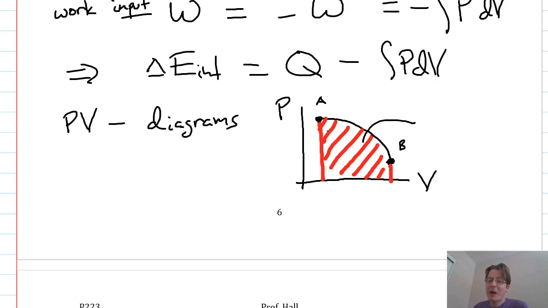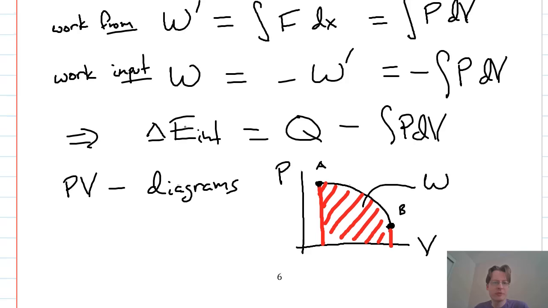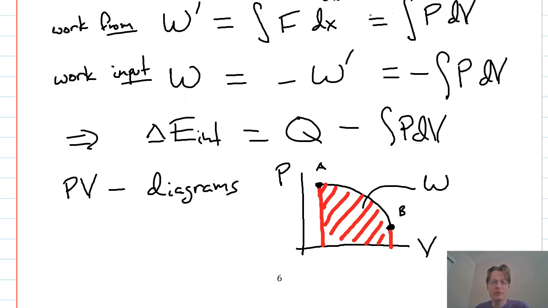The integral of minus PdV, the minus in front of it, gives us the work done on the gas. Remember, there are different signs. Work from the gas, what I call W prime, versus the work input to the gas. Our textbook will always use W, the work input, minus the integral PdV.